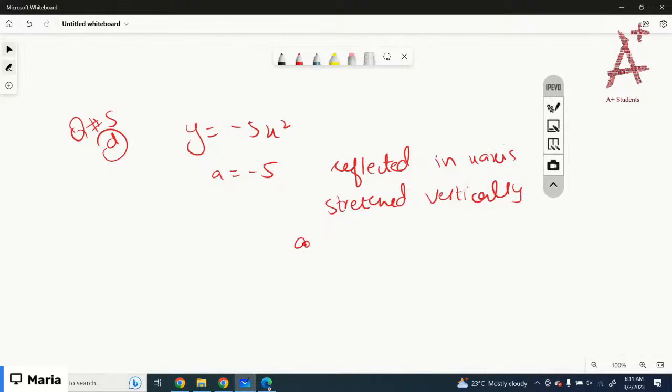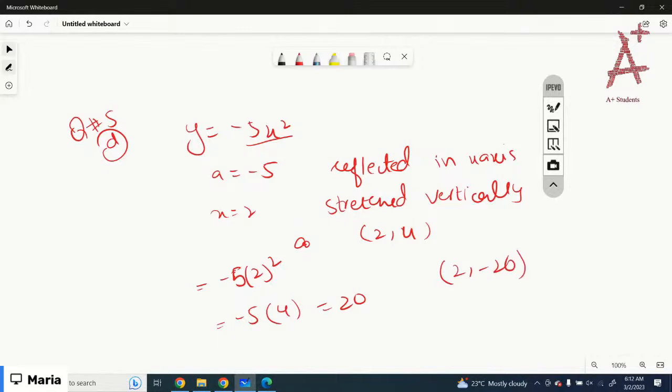A equals negative 5 and the point is 2 and 4. So x equals 2, and it would be negative 5 times 2 square. Negative 5 times 4 would be negative 20. So the transformed point is 2 and negative 20. Got it?